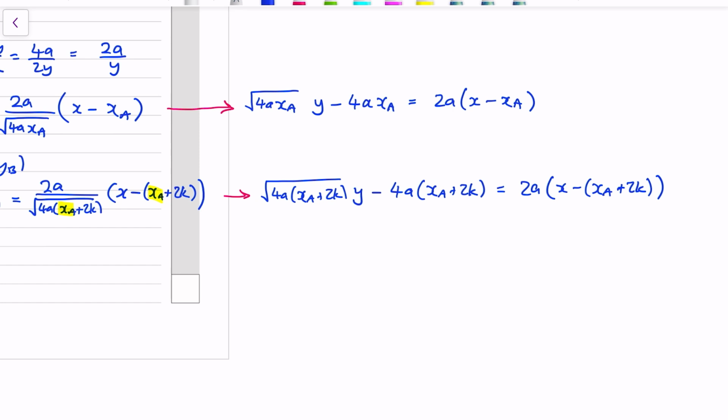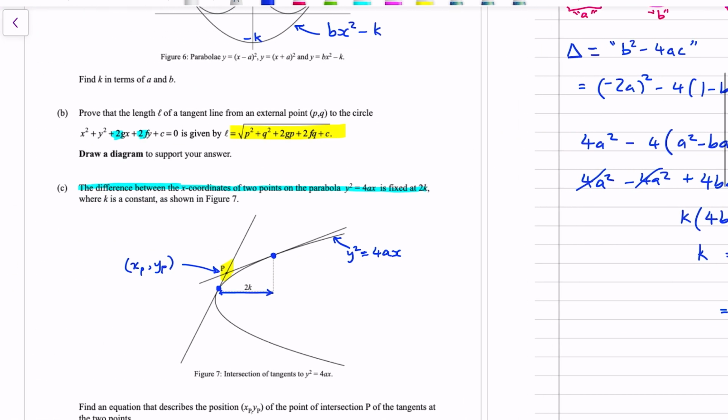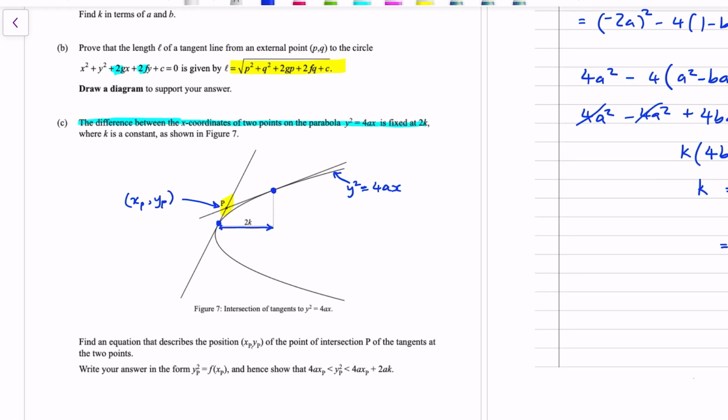There are two straight lines that we're solving simultaneously. We could solve for x or we could solve for y first. Do we have any other extra information in the question before I do that? No, it's not like the tangents are at right angles or anything. Find an equation that describes the position of the point of intersection.